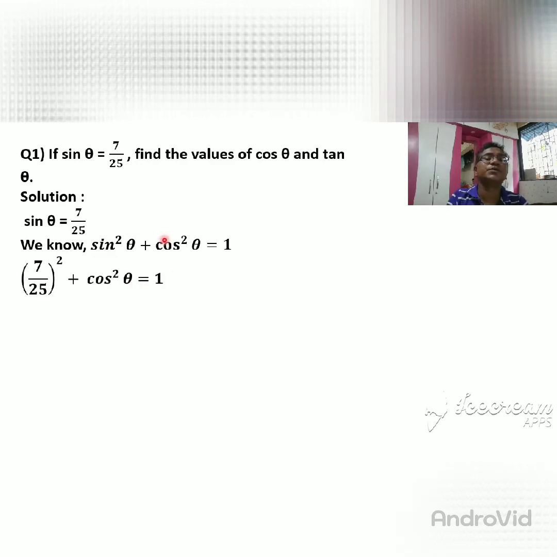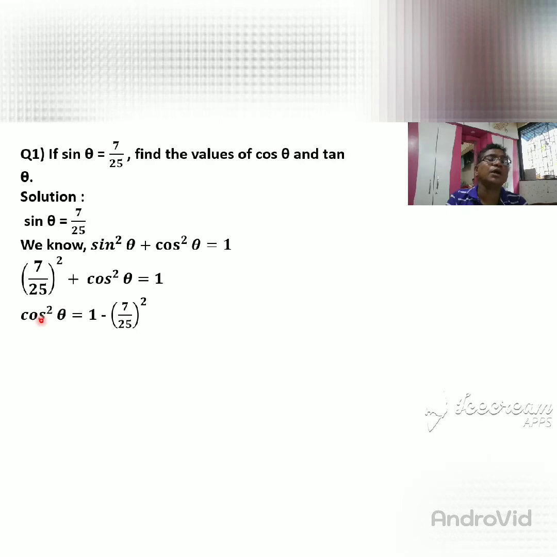Here in sin square theta, we put the sin theta value 7 upon 25, so I write 7 upon 25 in a bracket square, plus cos square theta is equal to 1. 7 square is equal to 49, and 25 square is equal to 625.